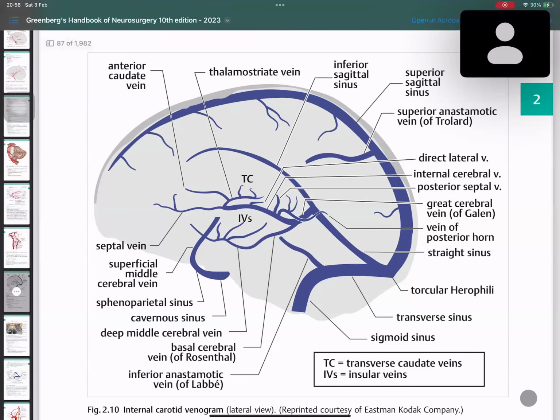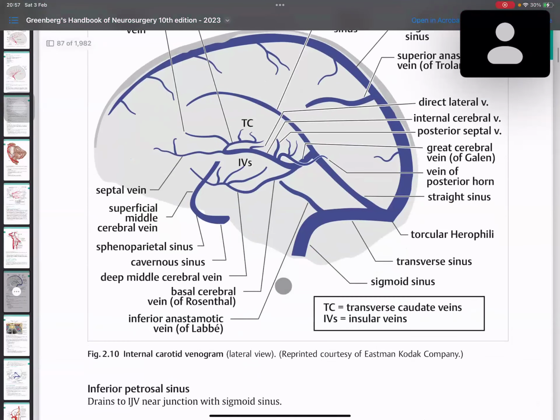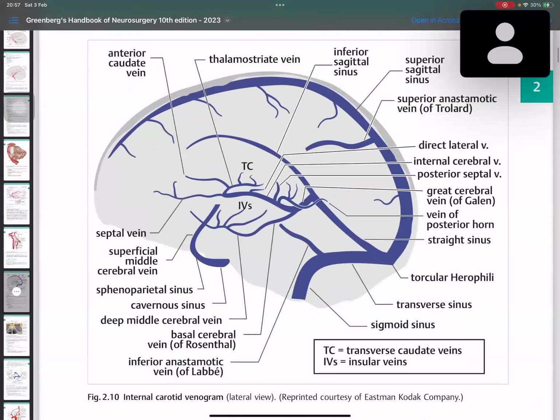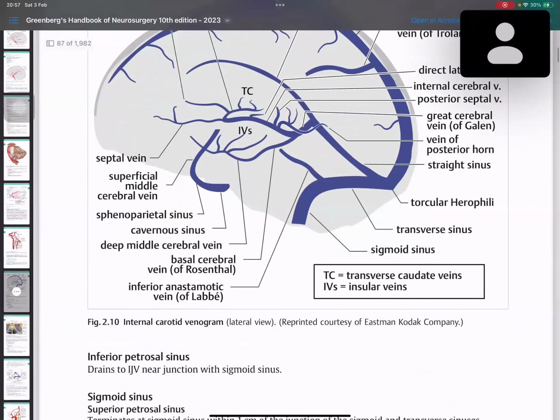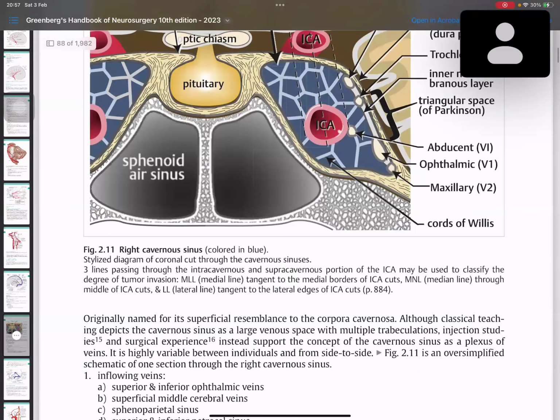I guess what's confusing you is the way the transverse sinus moves. That's why it's a bit bent, so that it looks like it's coming from the side. So it's not a true lateral view, it's like an oblique view. Ideally, if you're looking at it straight on, you're not supposed to see the transverse sinus. Yeah, I guess that's it.